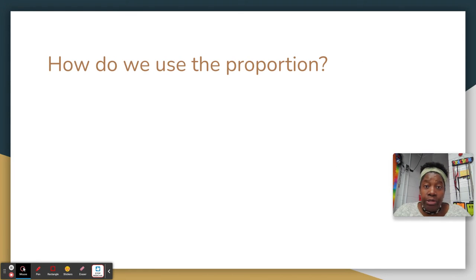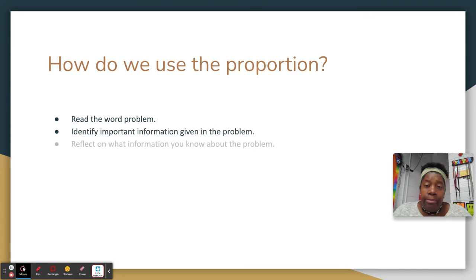So, how do we use the percent proportion? We are going to need to read our problems carefully. And then you're going to identify important information. If you have a highlighter and you can write on paper, you're going to want to highlight or underline important information. You're going to reflect on what you know in the problem.